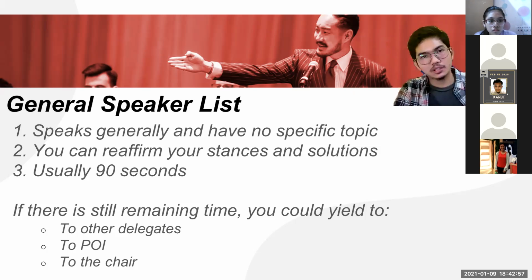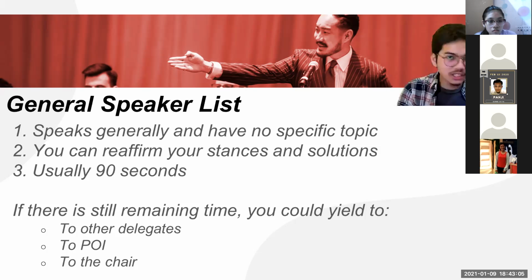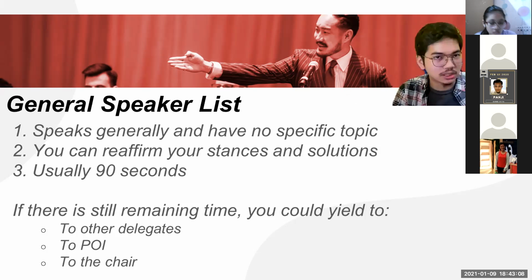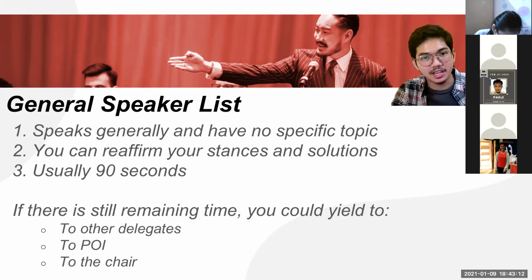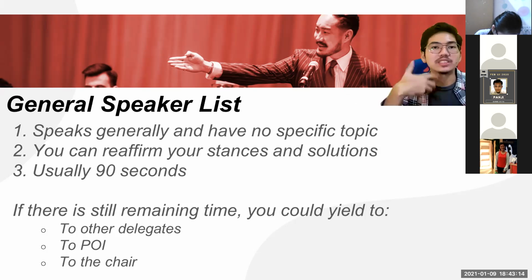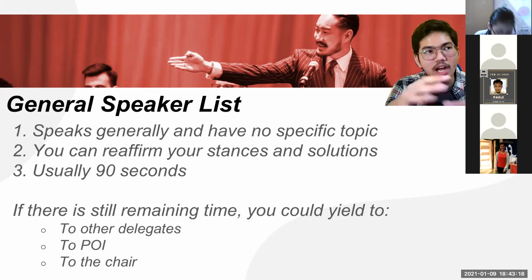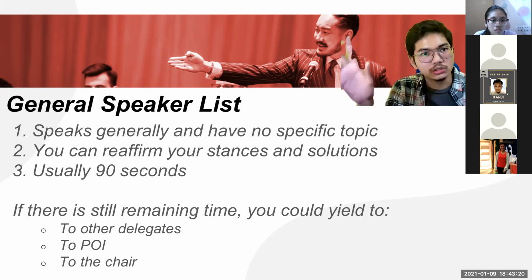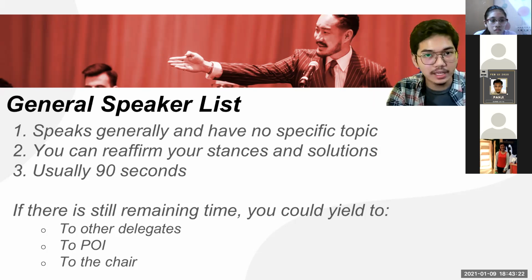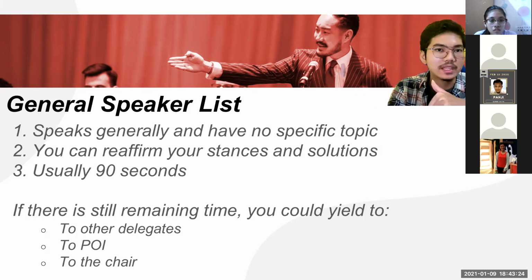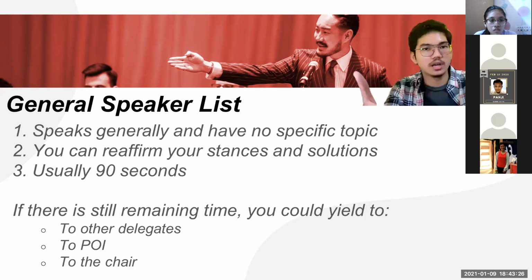But what if your country has no interest in doing so? For example, we're talking about discrimination, but in your country there has been no discrimination issue. What are we going to talk about in the general speakers list at that time? What you can do is present your opinion as a country. How do you see this issue? How do you see the ongoing debate? Do you see it as a productive debate, or do you see that this debate can be shifted into another perspective?